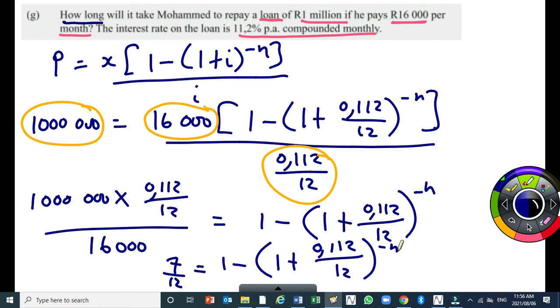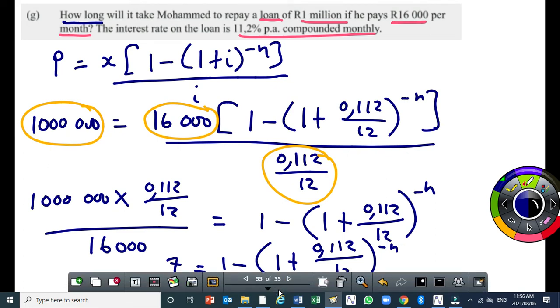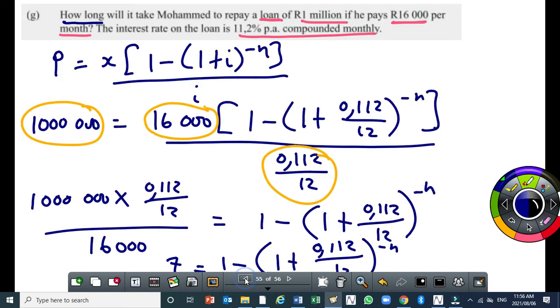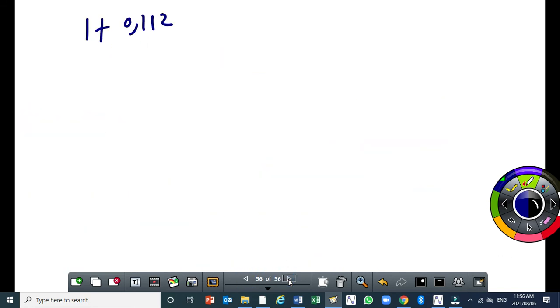So we'll end up having 1 plus 0.112 over 12, raised to the power of minus n, equal to 1 minus 7 over 12, which will give you 5 over 12.